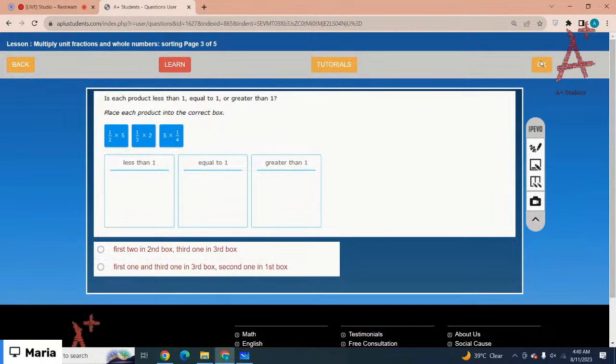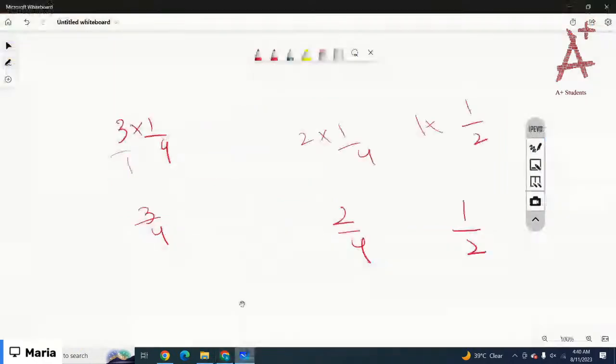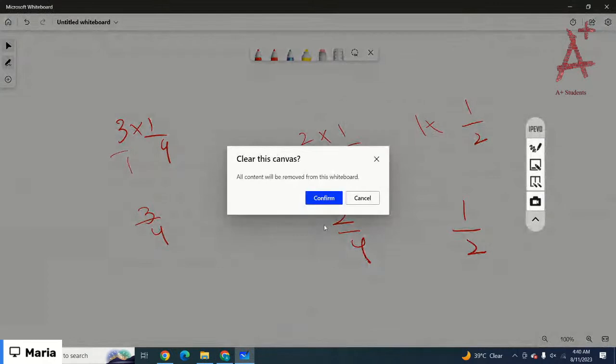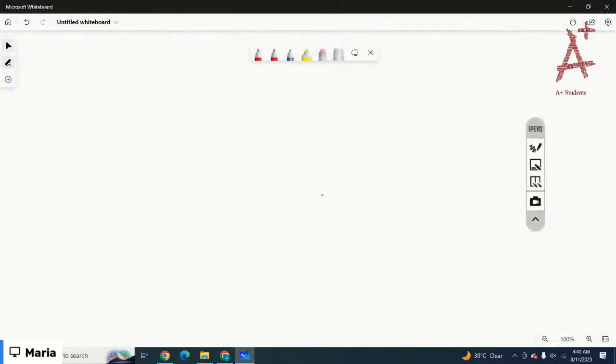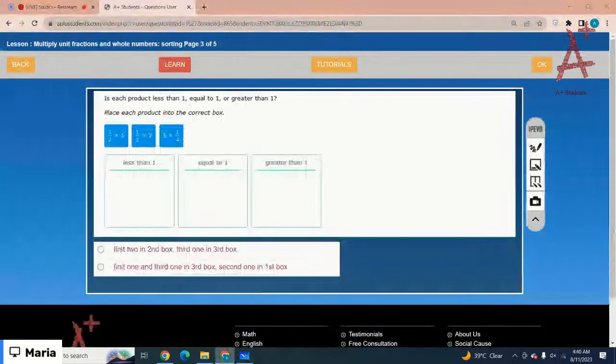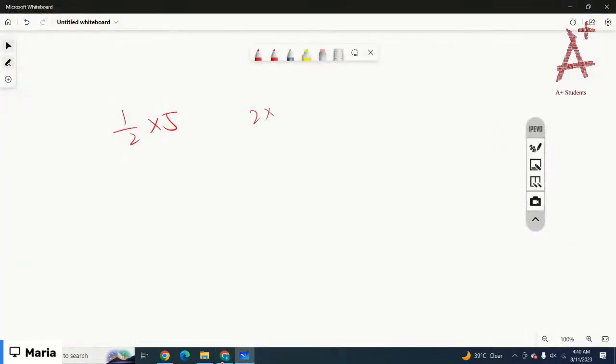Okay, is each product less than 1, equal to 1, or greater than 1? So they are 5 times 1 over 2, 2 times 1 over 3 and 5 times 1 over 4, right?